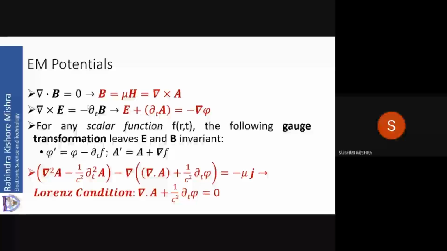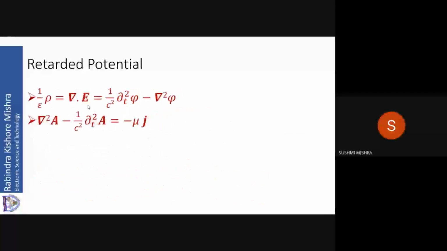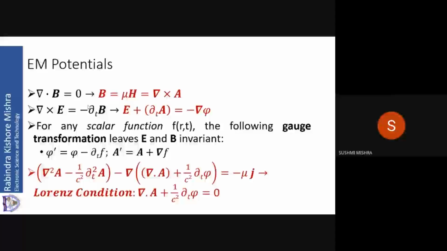If you look at Maxwell's equations, using both the curl equations and divergence equations, you can get wave equations for E and B or E and H. Here we said that A and phi are defining E and H, which means A and phi must obey the wave equation. Right? Now using Lorentz condition, we saw that it is obeying wave equation.